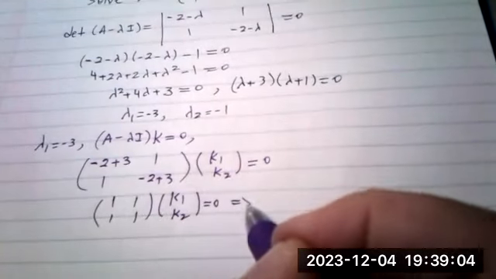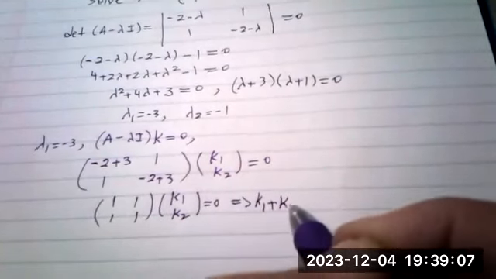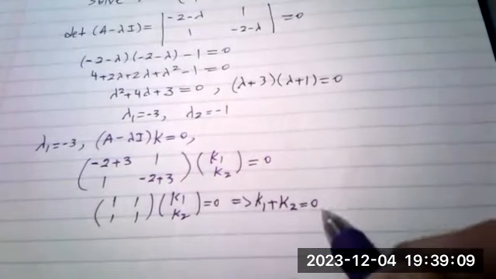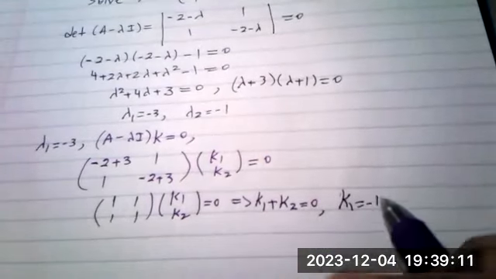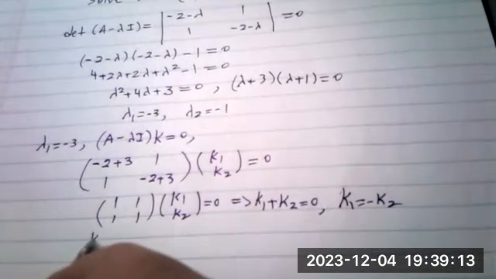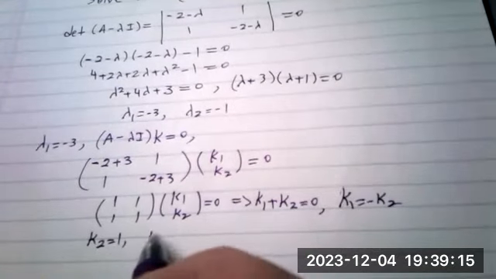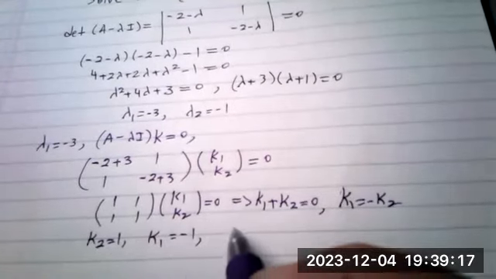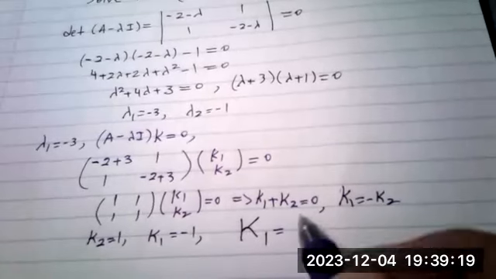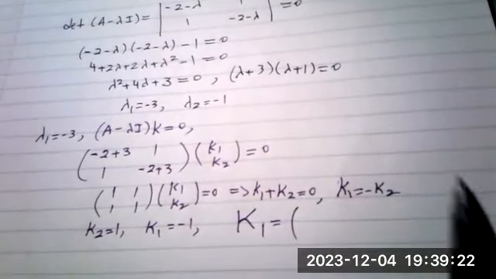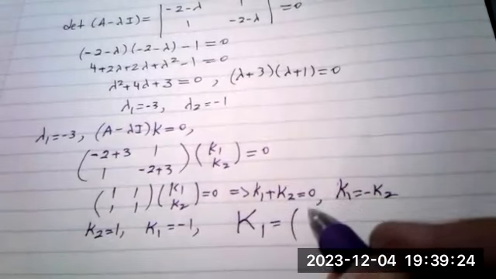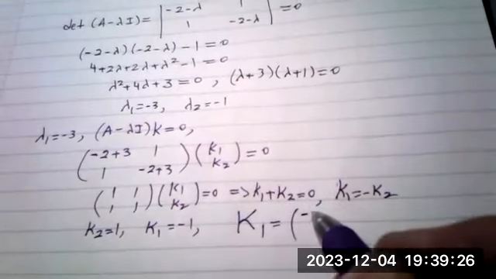So the result would be k1 plus k2 equal to 0. So k1 is equal to negative k2. So we pick k2 to be equal to 1 and k1 to be equal to -1. That gives you the first vector, and this is going to be -1, 1.